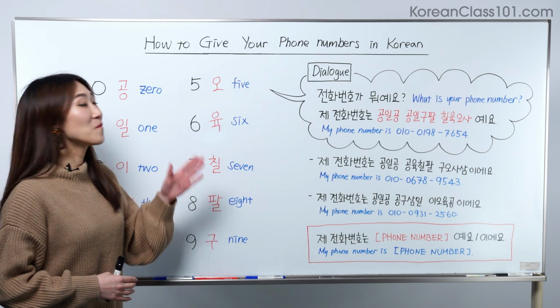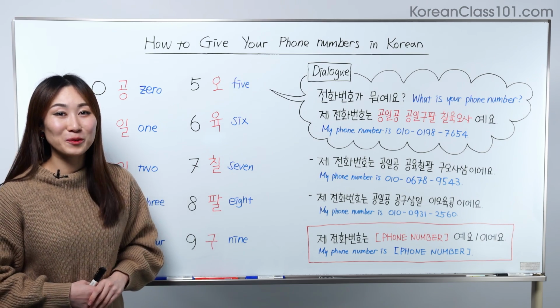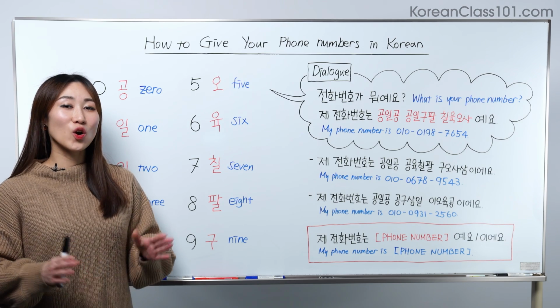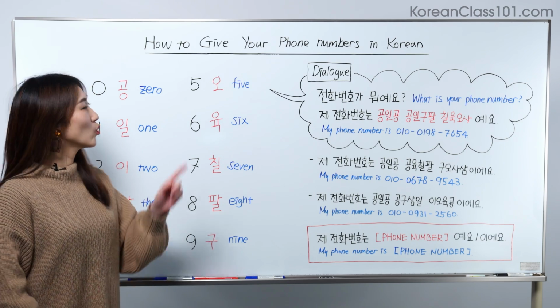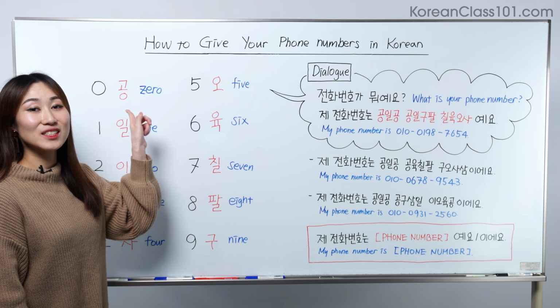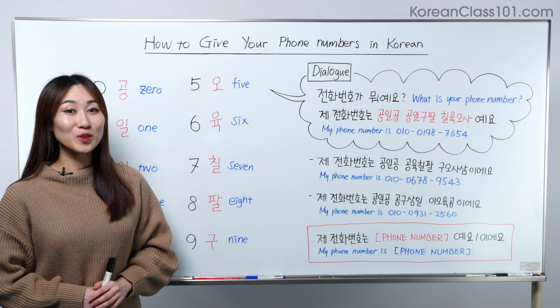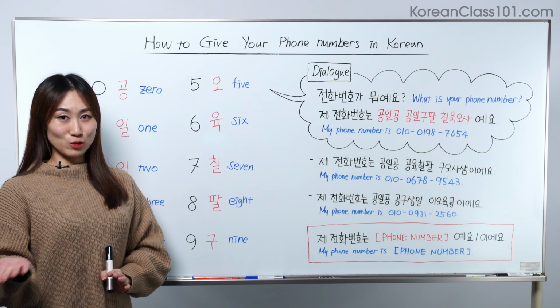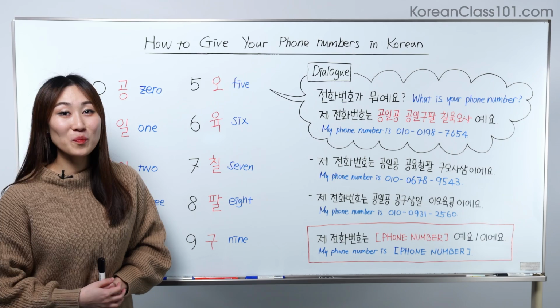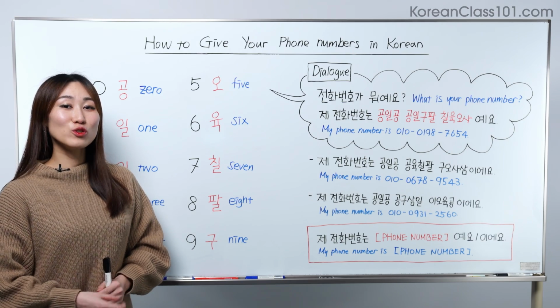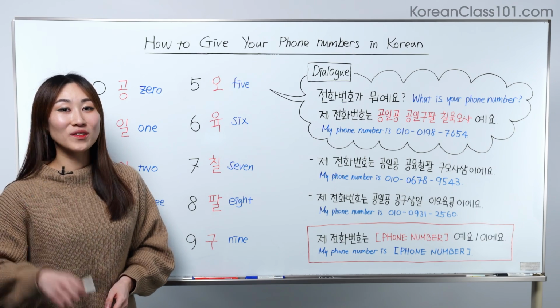Okay, so first we have 0. In Korean, it is 공. It means 0. Do you know 공 has another meaning, which is a ball? Ball used for soccer, baseball, basketball. So you use a ball, right? That is 공.